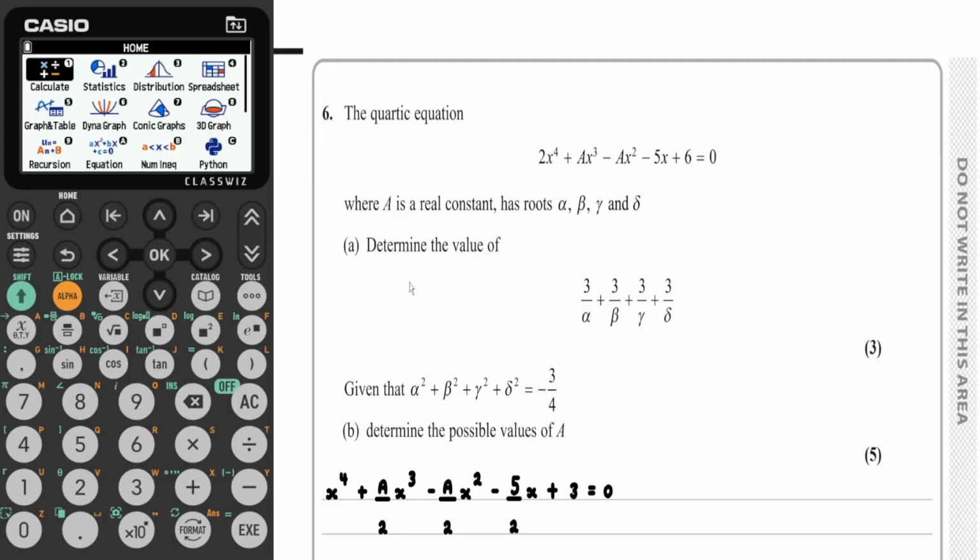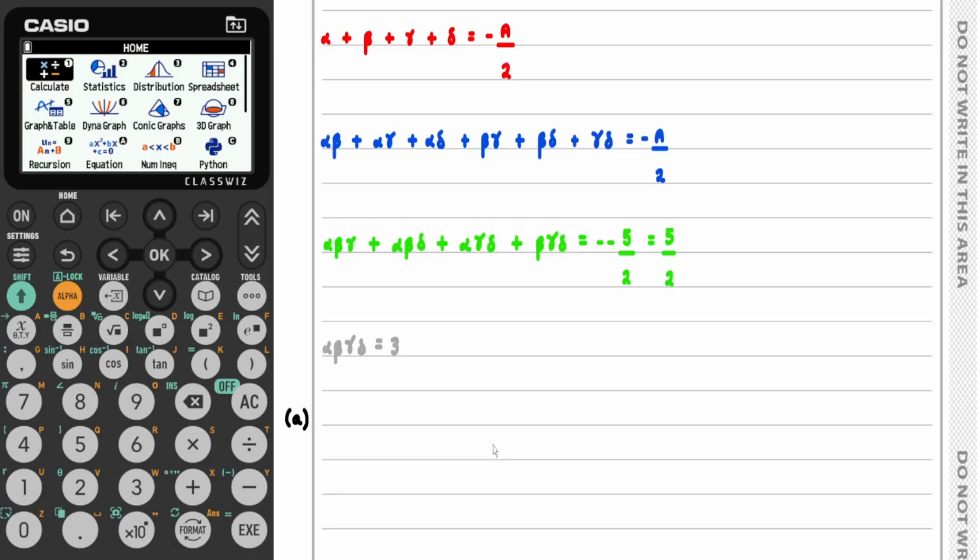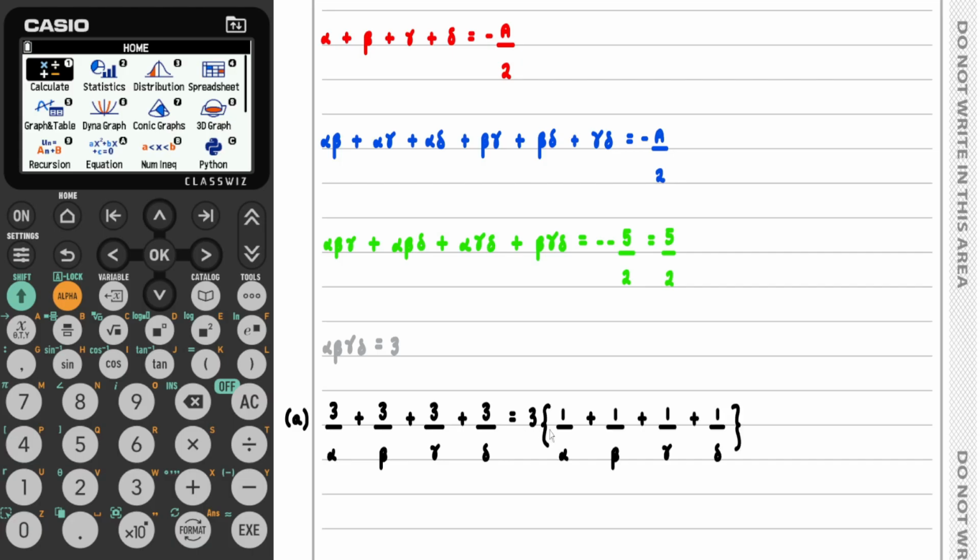Part A, we have to determine the value of 3/alpha + 3/beta + 3/gamma + 3/delta. That is 3 times (1/alpha + 1/beta + 1/gamma + 1/delta).